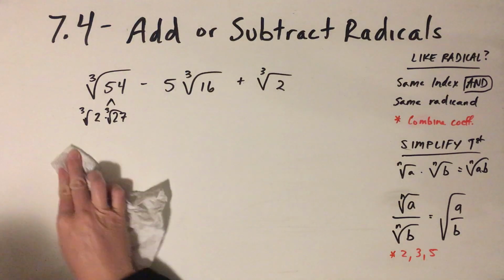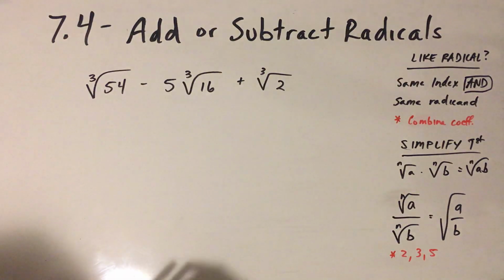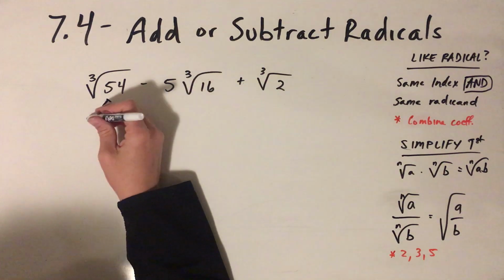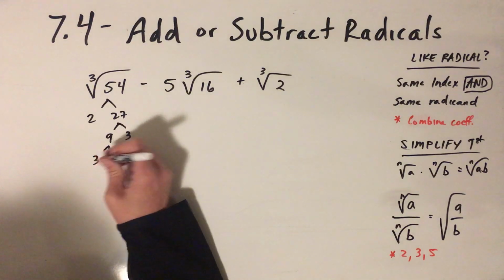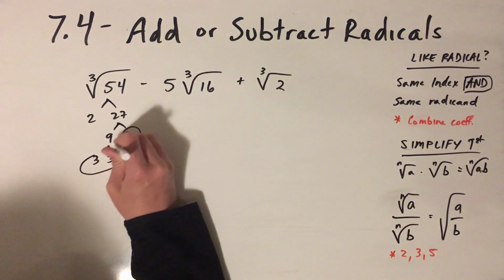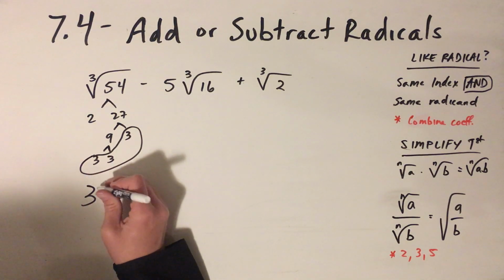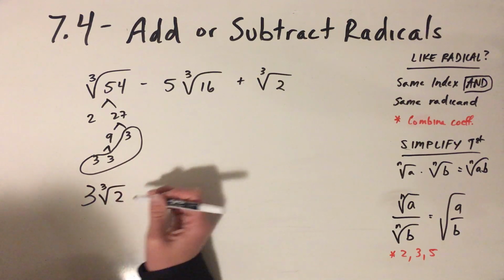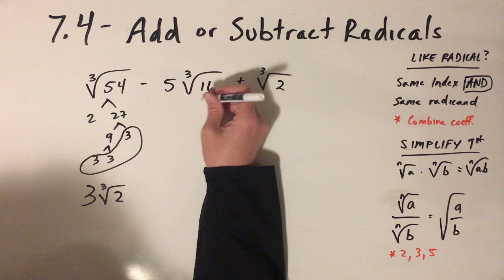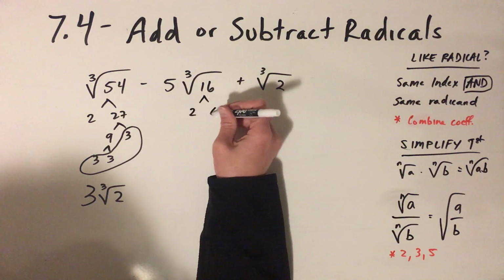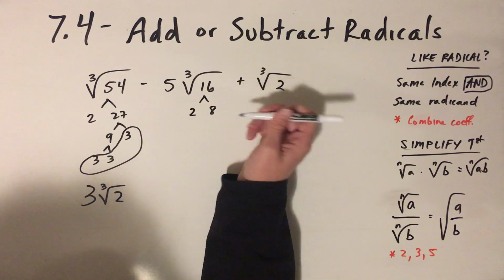Remember, what we're looking for is 3 of the same factors, so I'll do this another way as well. So factor down to 2 and 27, and 9 and 3, and 3 and 3. There are 3 of these, so 1 can come out. But this one is all by itself, so it has to stay under. This 16, again, I could factor to this 2 and 8, which 8 is a perfect cube.